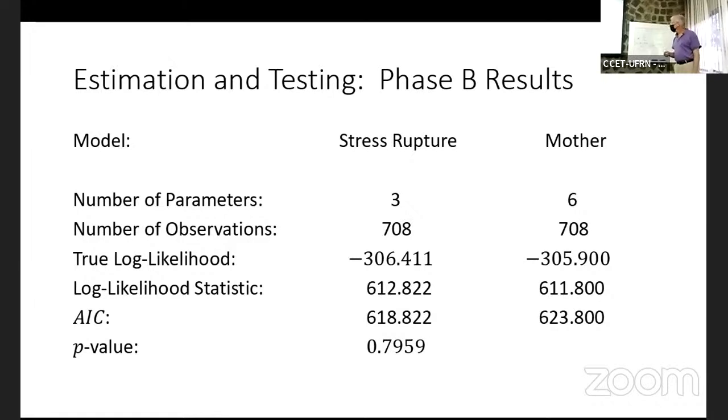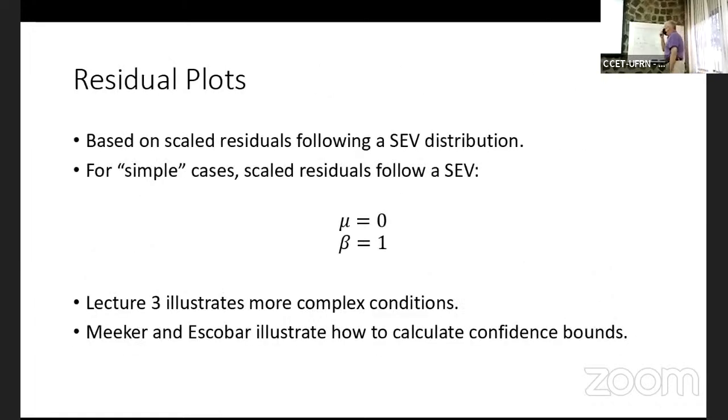Next slide. We can come up with a residual plot. So what we can do is the smallest extreme value distribution. So when I say SEV, and I use that abbreviation in lecture 1, but just to make sure.